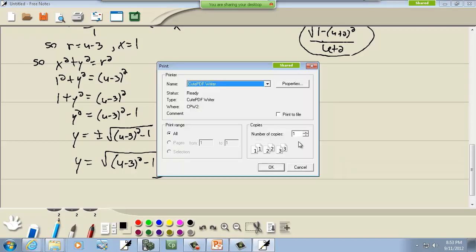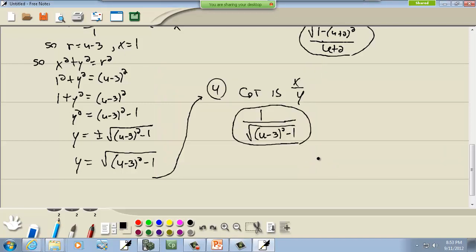And let me save that. Actually, I want to write something else down here first. Just to summarize, our inverse sine is from negative pi over 2 to pi over 2. Our inverse cosine is from 0 to pi.